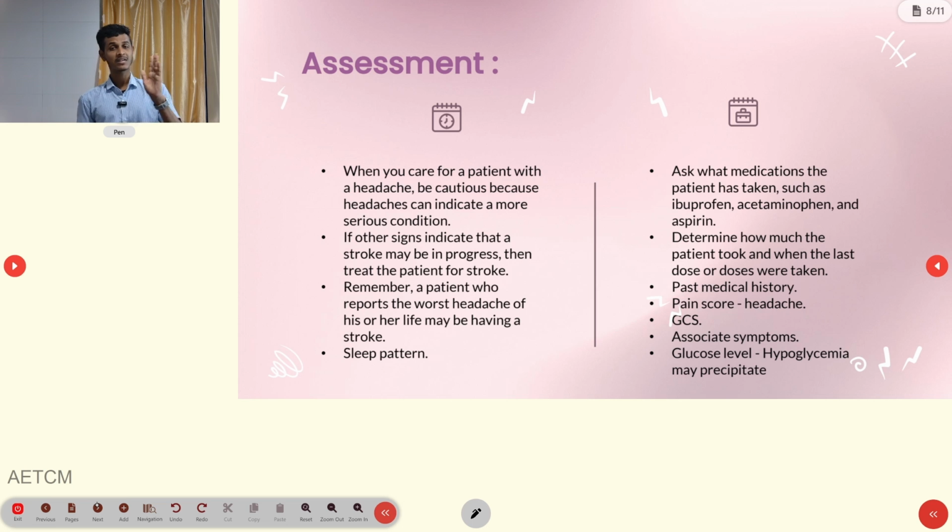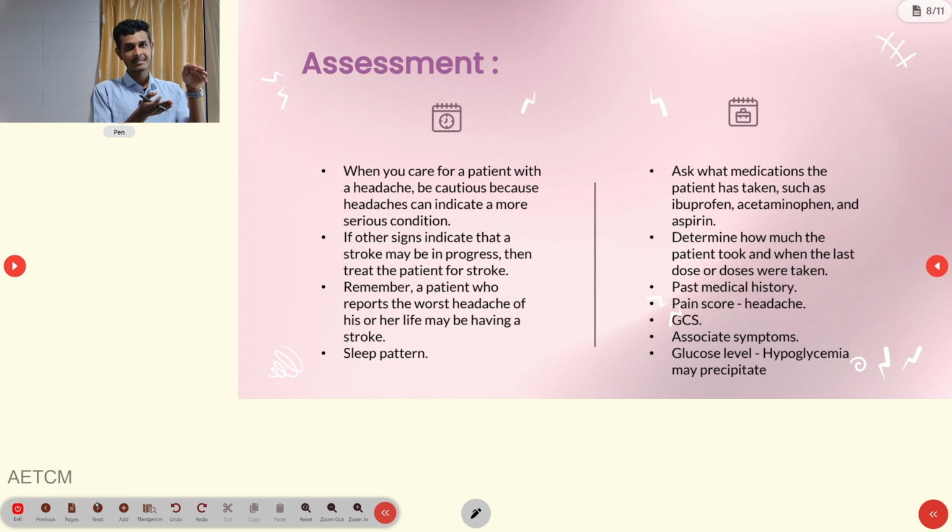So again, coming to the assessment part, mostly we think headache is a common, minor symptom, but we don't know that it might be a simple migraine, otherwise it might be a stroke, or a subarachnoid hemorrhage. The exact cause we don't know, but it shows only as headache.